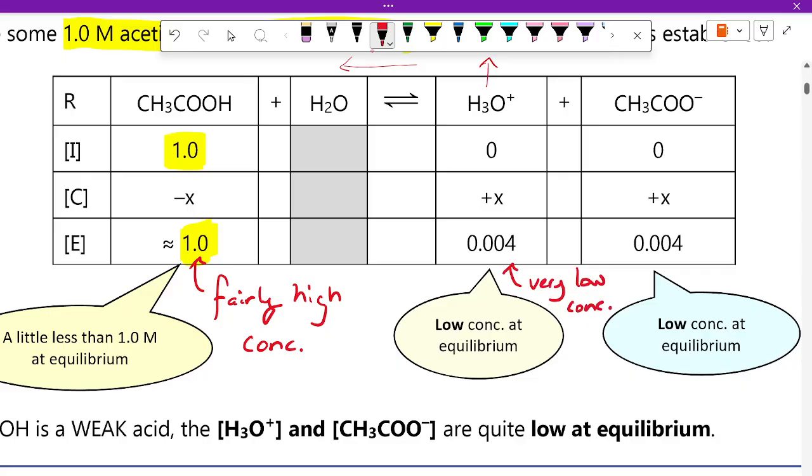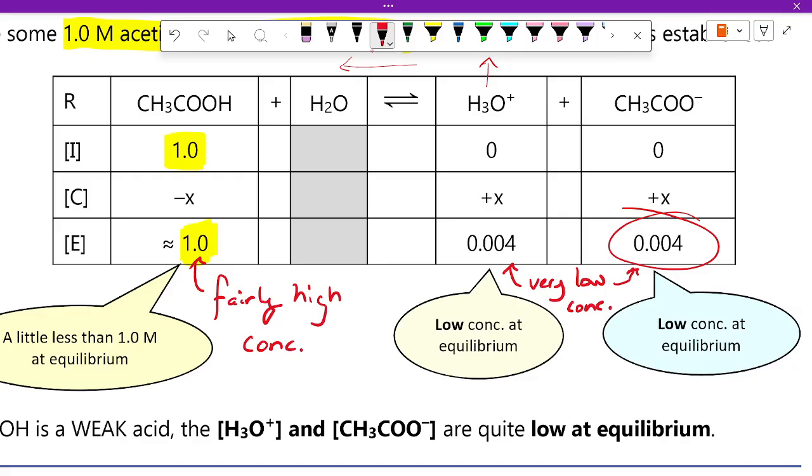What's going to happen as you add more and more hydronium? What's going to happen to the acetate ion? It's going to decrease. And you started at a very low value to start with. What will it eventually hit? It's eventually going to hit 0. And not very eventually, it's very quickly going to hit 0 because you have such a very low concentration. You're going to run out of the acetate.